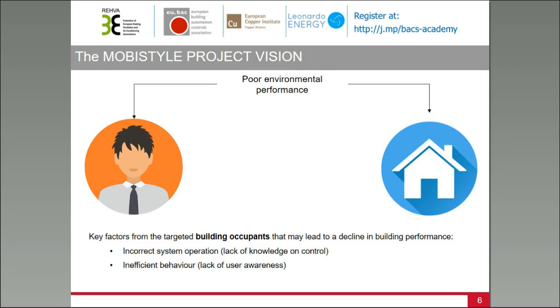This means that typically people don't know what to do with their controls because they don't have the knowledge required to run the building efficiently. This is, for instance, the big issue connected to thermostat usability, and the fact that people don't know how to use the system, basically.